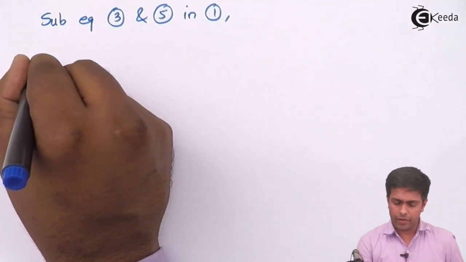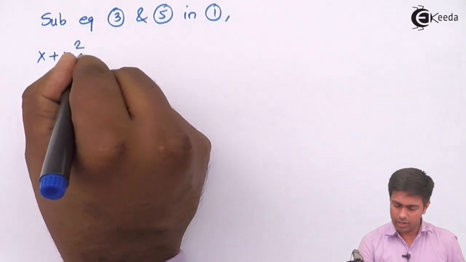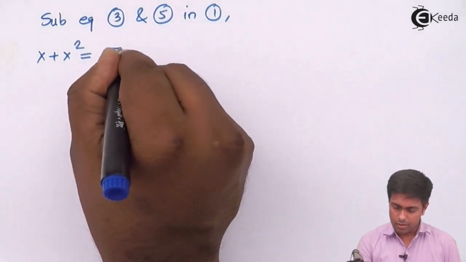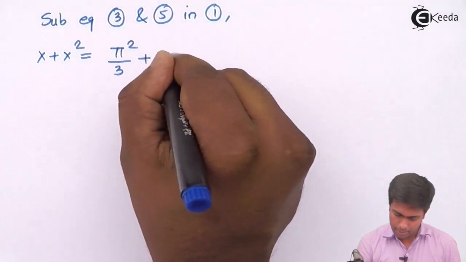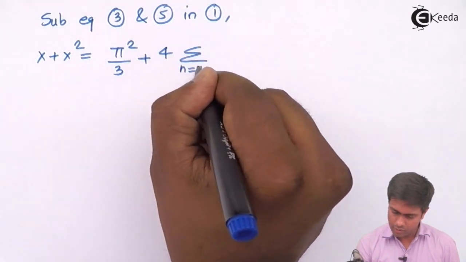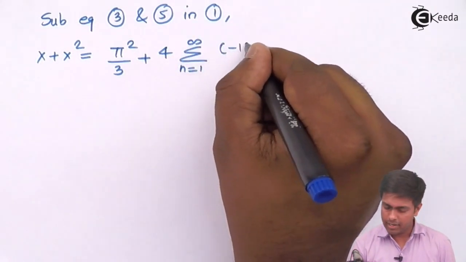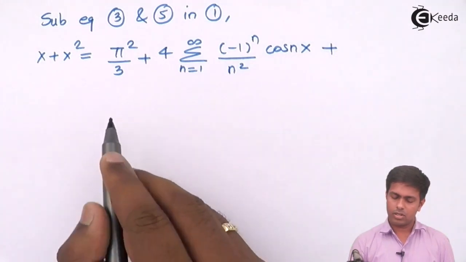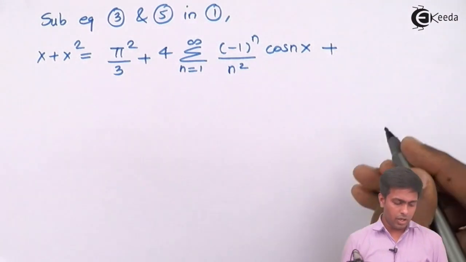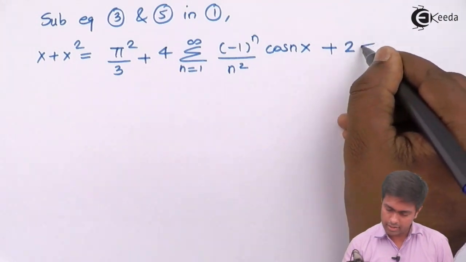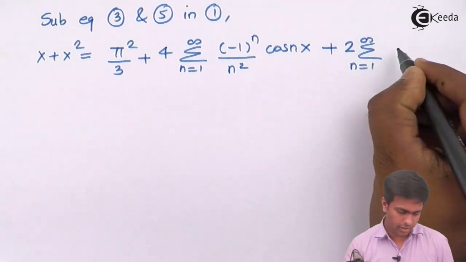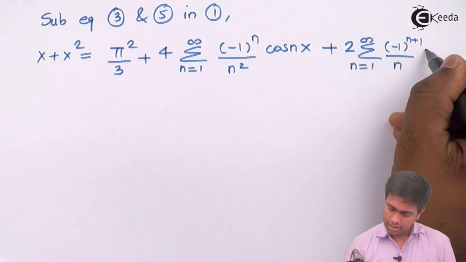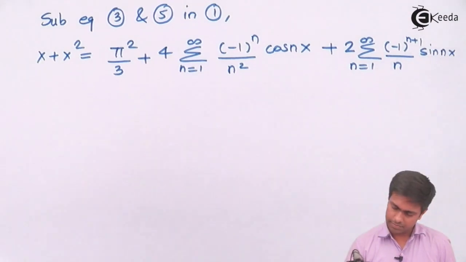So we will get f of x, that is x plus x square equal to, so first of all I'll substitute equation number 5, which is pi square by 3 plus 4 times summation n equals to 1 to infinity minus 1 to the power n upon n square cos of nx, and then we'll put equation number 3, which is 2 outside, summation n equals to 1 to infinity negative 1 to the power n plus 1 upon n into sine of nx.